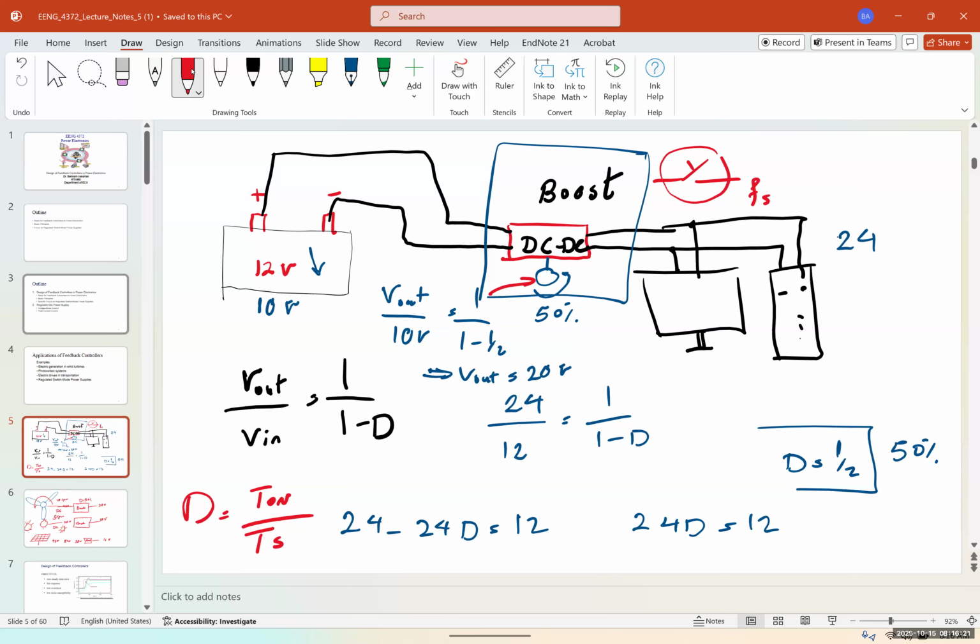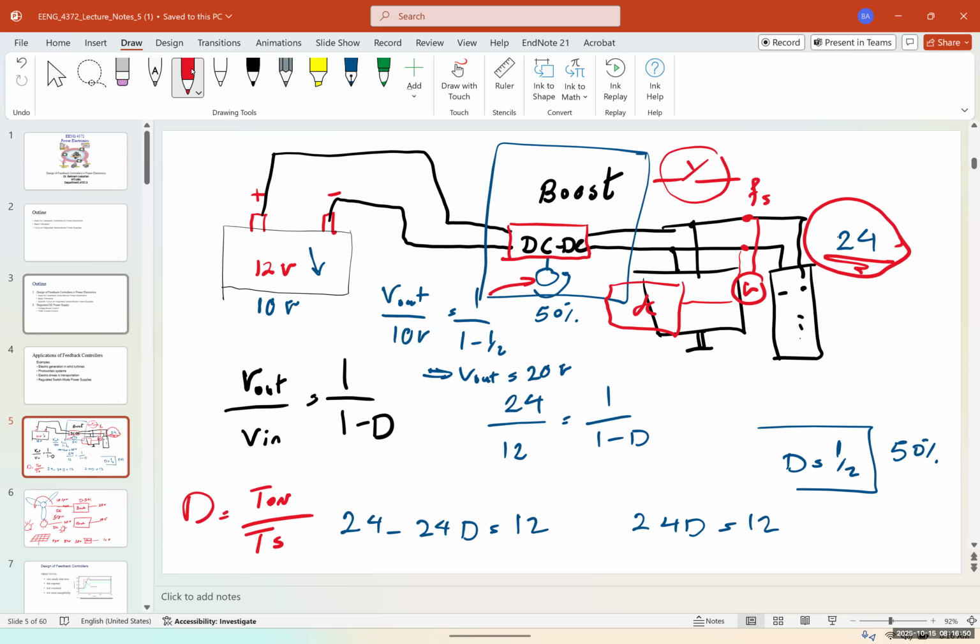Now, in order to be able to control that, we need to be able to measure the output voltage, because we want to, let's say we want to fix our output voltage at 24 volts. Therefore, what we need is a voltmeter to first measure this voltage. Imagine that we have a voltmeter, and then give it through a control system.